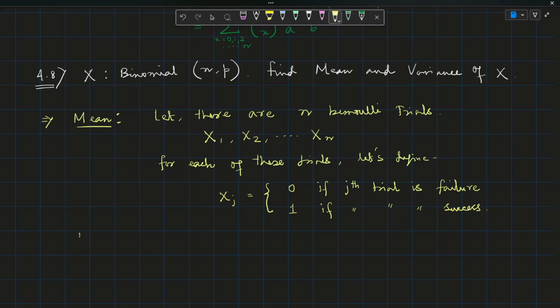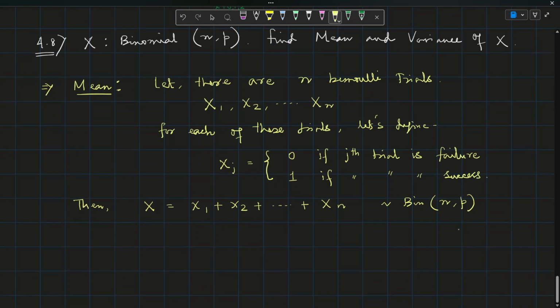Now if you define X as the sum of all these Bernoulli trials X1 up to Xn, then capital X follows Binomial(n, p). This is just the definition of the binomial distribution, so there should not be any confusion. If you have any confusion, just pause for a moment and read it again.